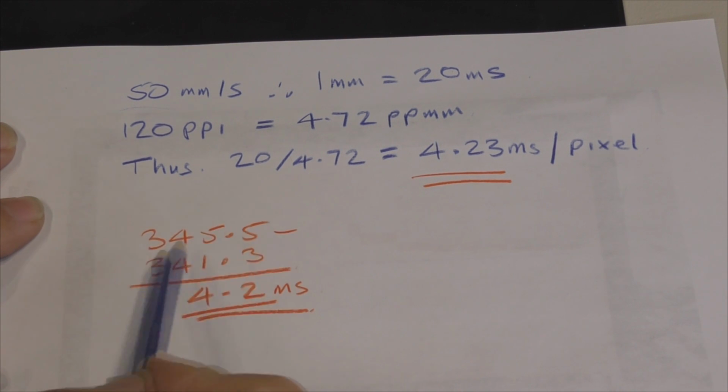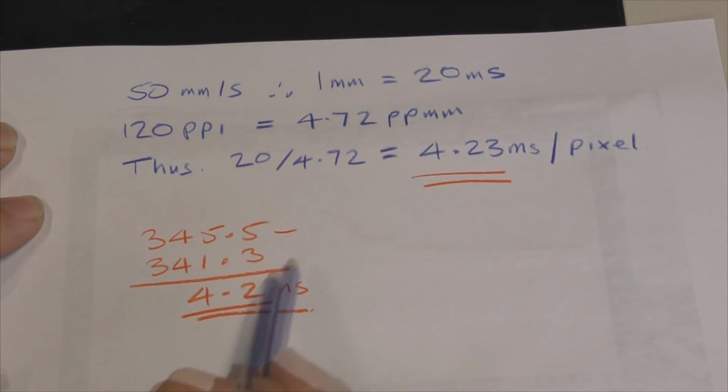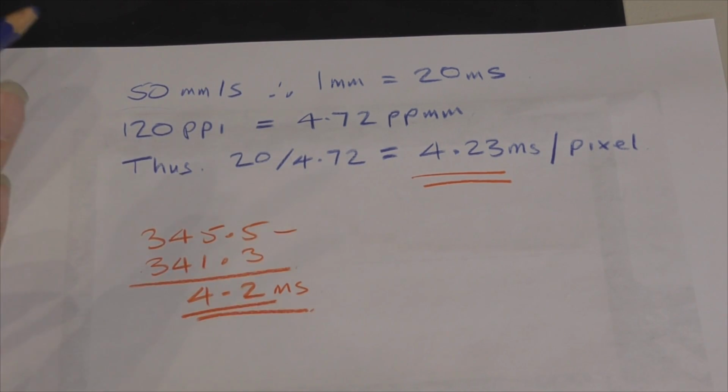And if I subtract one from the other, I find that I get an answer of 4.2 milliseconds. Well, within my ability to estimate where that step is, I think we can see that what we're seeing on that trace are whole pixels. So at 50 millimeters a second, we can see every pixel resolution, which is great.